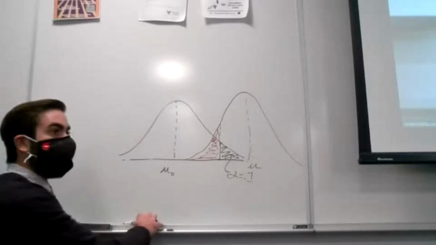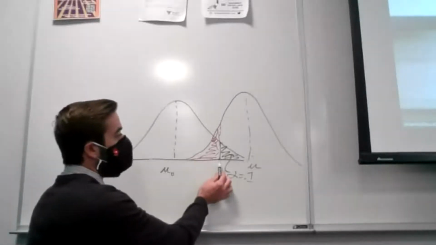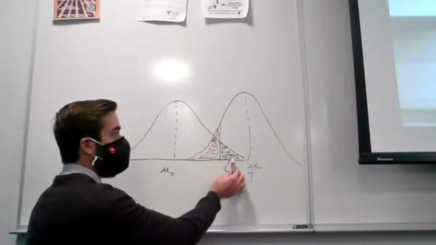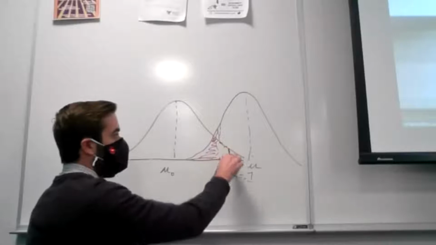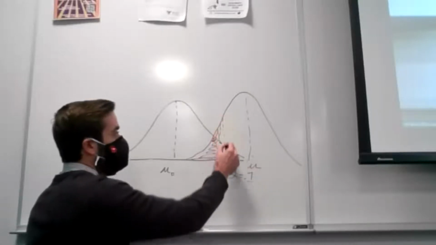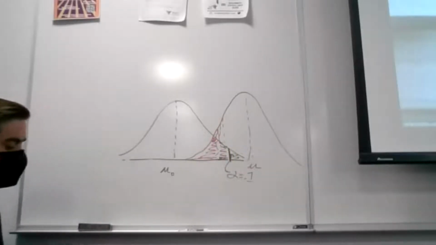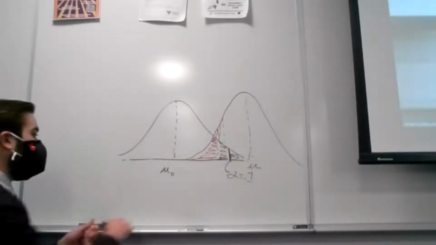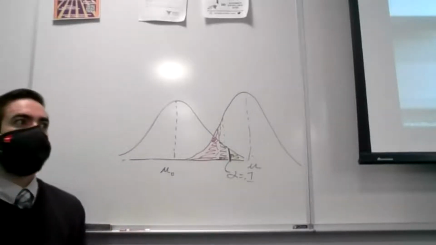So you can kind of see how type 1 and type 2 errors would be related, because as I move my alpha to be smaller, right, my cutoff's going to be over here, and now my type 2 errors is going to grow. Right? So if we're setting our type 1 errors, we're also essentially setting these type 2 errors.